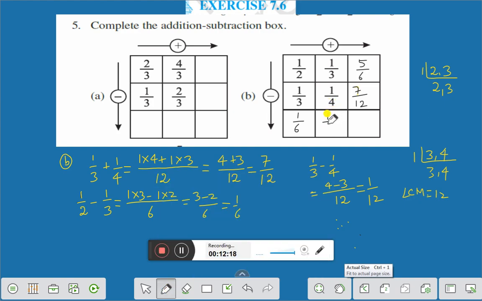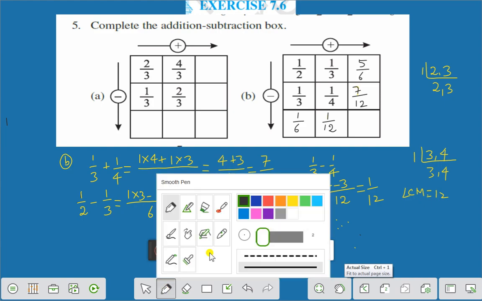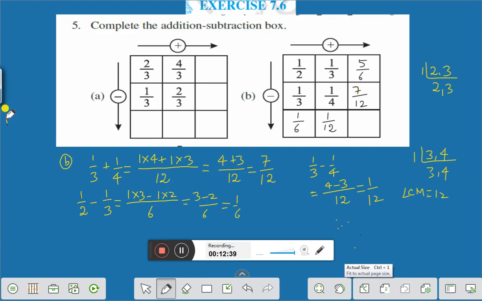Now we will add this one. We will add 1 by 6 plus 1 by 12 in the horizontal direction. What are you getting?